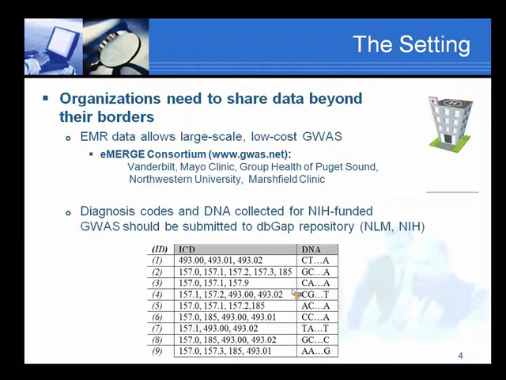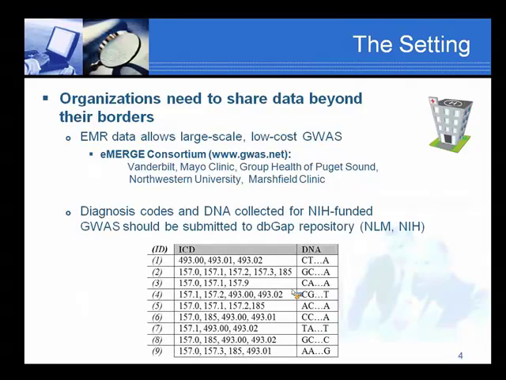For this purpose, organizations share data beyond their borders. For example, the Electronic Medical Records and Genomics Consortium is a group of 5 institutions, including Vanderbilt, which promotes the use of electronic medical records in genome-wide association studies.